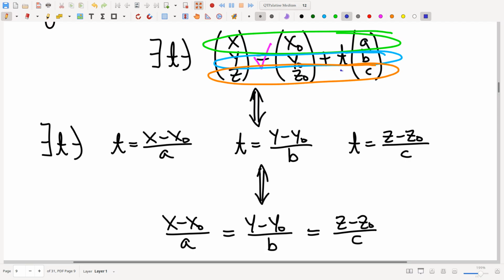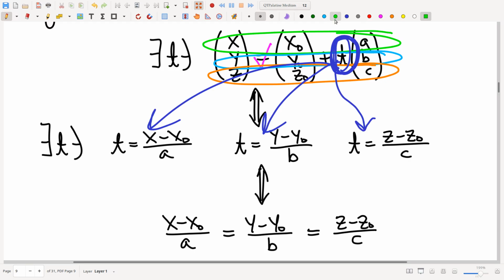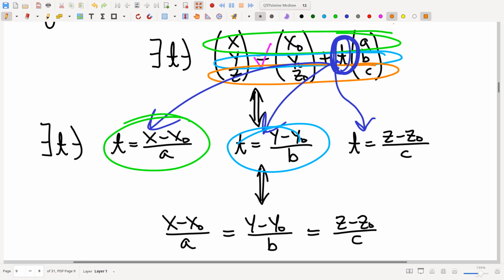Take that t right there, and you solve for it in all three of those equations. So in the first equation, that's what you get when you solve for t. In the second equation, you get that, and in the third equation, you get that. So now all I've done, I haven't really done anything. All I've done is solve for that t, and I get these three things.